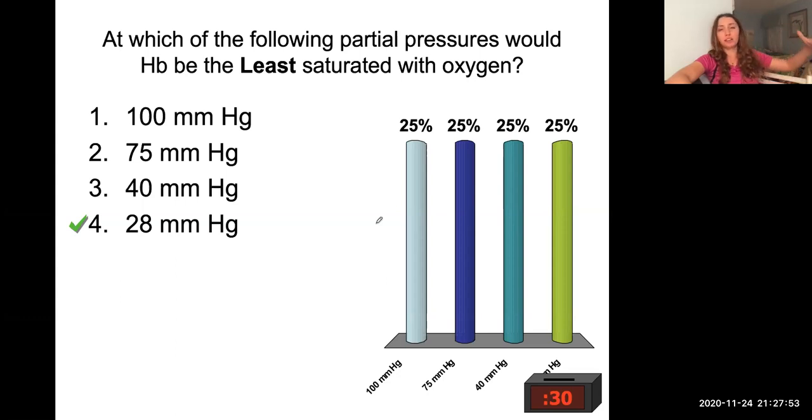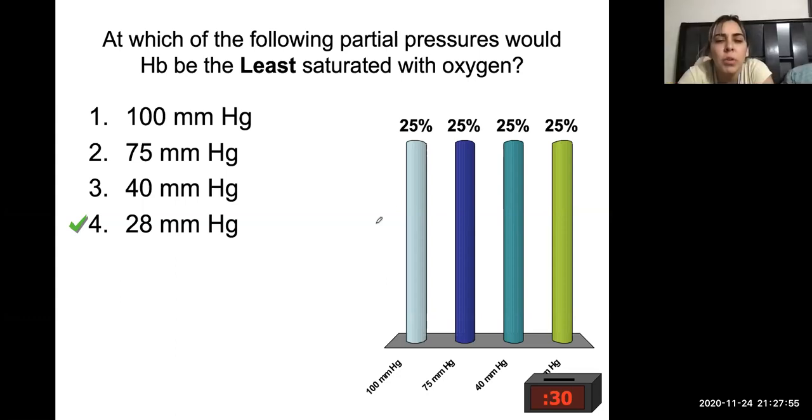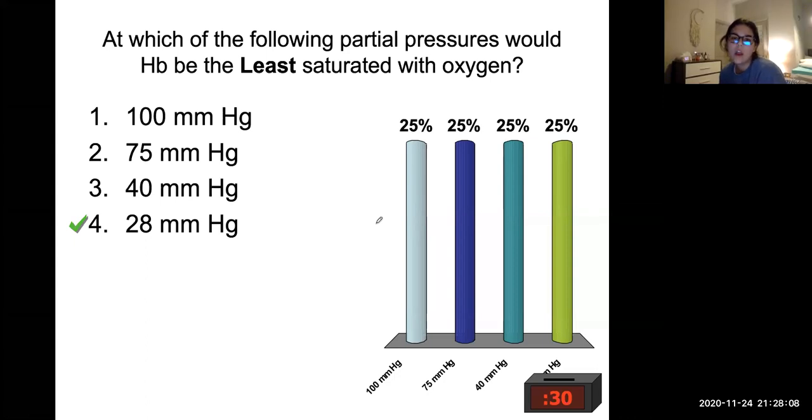But she said I think we're not testing on this. Wait, what was that again? Which of the following partial pressures will hemoglobin be the least saturated with oxygen? Least saturated with oxygen.